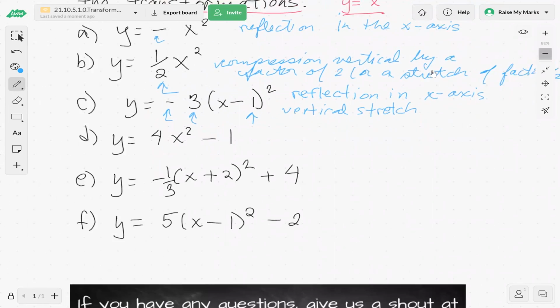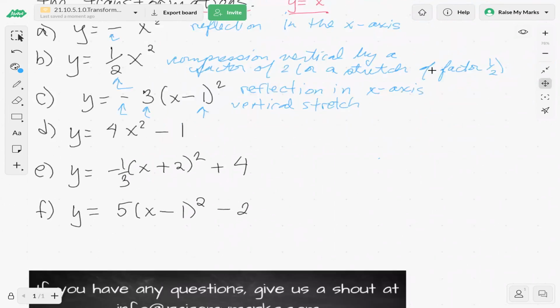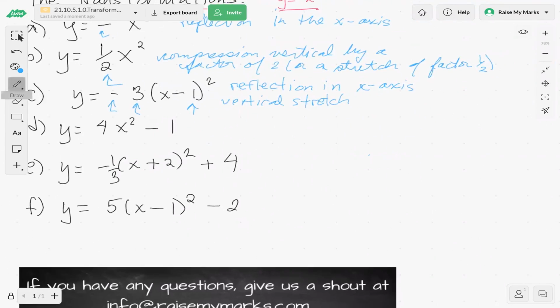Let's zoom out a little bit so we can see everything. We have a vertical stretch of a factor of 3. And finally, that 1 is actually a translation, right 1 unit.